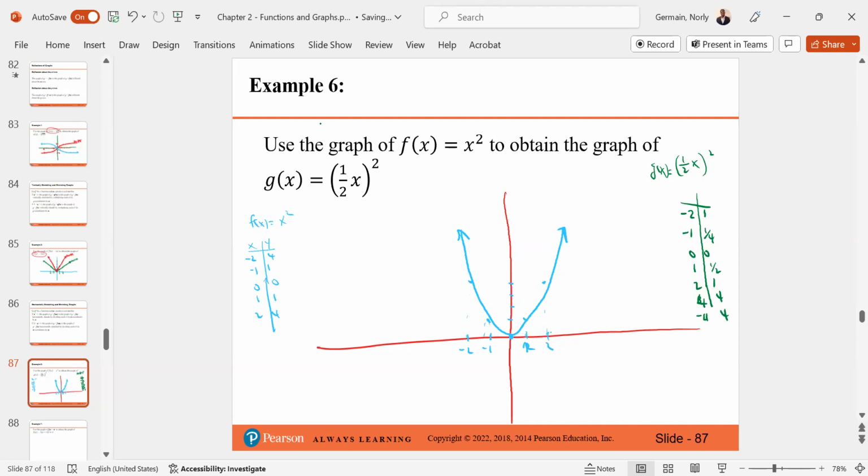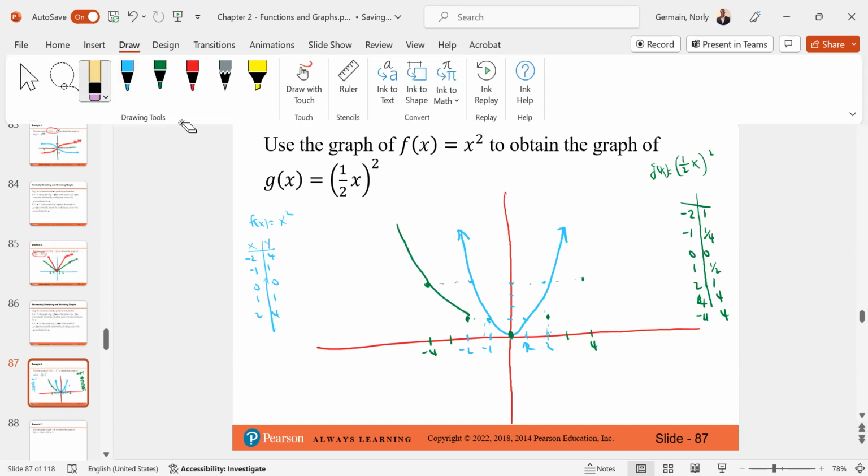So if we go to 0, 0, we are right there also, but 2 and negative 2 give us 2, and 4 gives us 8. So you see, this is our graph. It's really stretched. We're going to stretch it. Stretching.